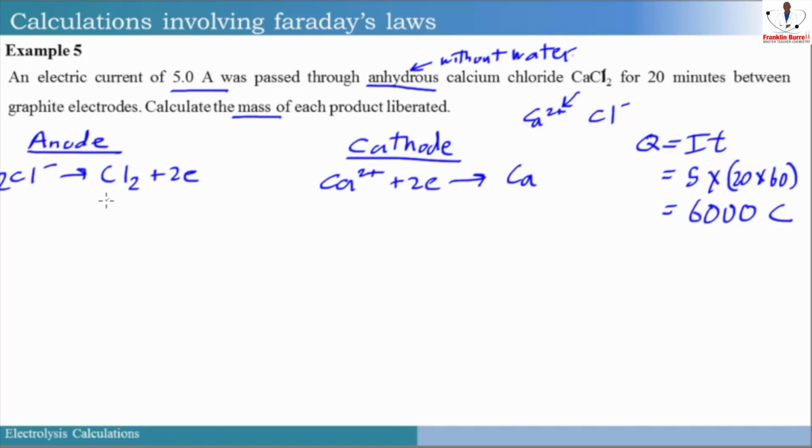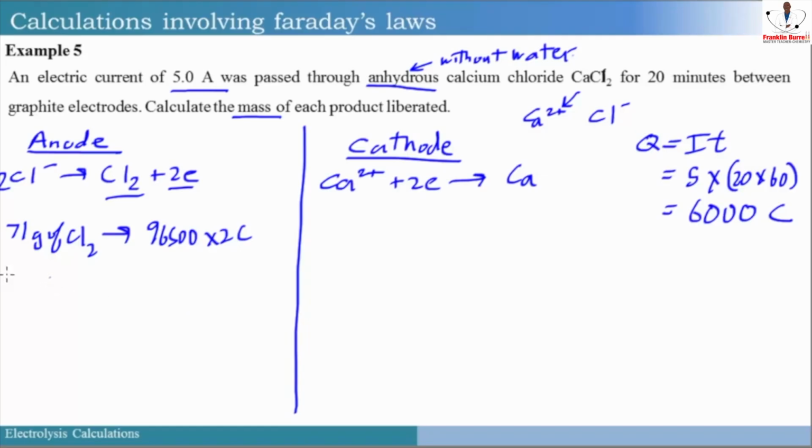So for chlorine, we know it's Cl2, so the molar mass would be 71, and we know that 2 moles of electrons were liberated. So that would be 71 grams of Cl2 produced by 96,500 times 2 coulombs. Let us separate the calculation here.